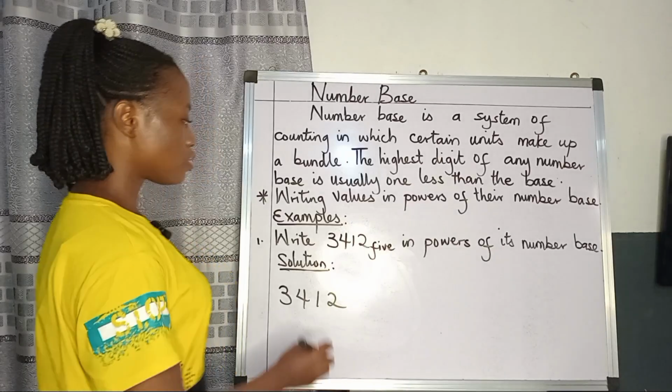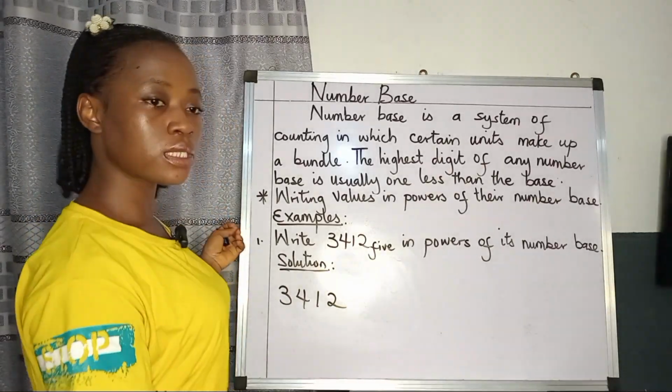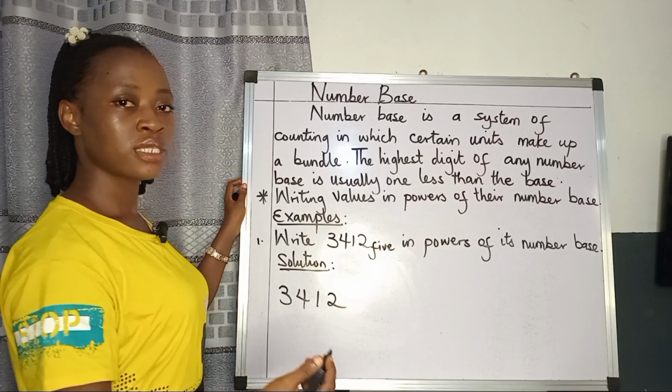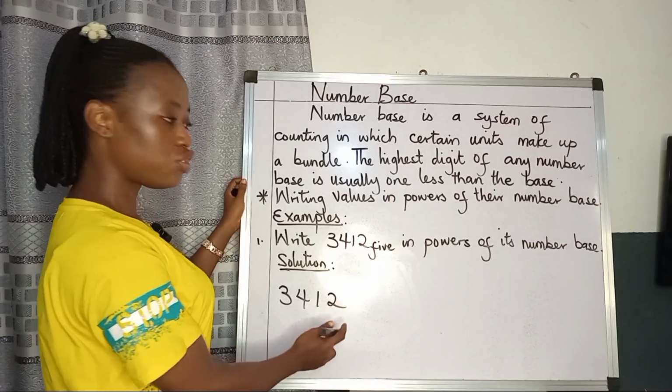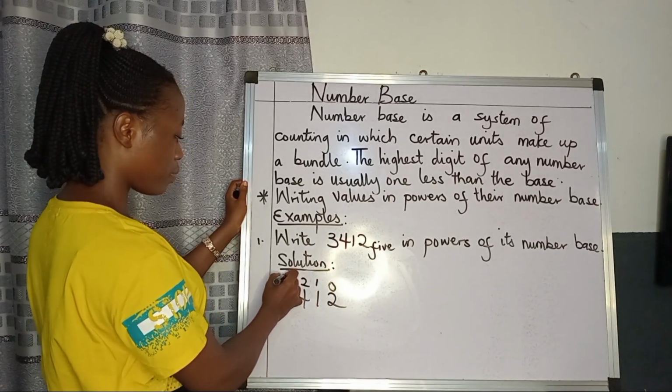The question says: write 3412 base 5 in powers of its number base. To do this, you start writing your powers from power 0, starting with the last digit. So I'm writing power 0, power 1, power 2, and power 3.